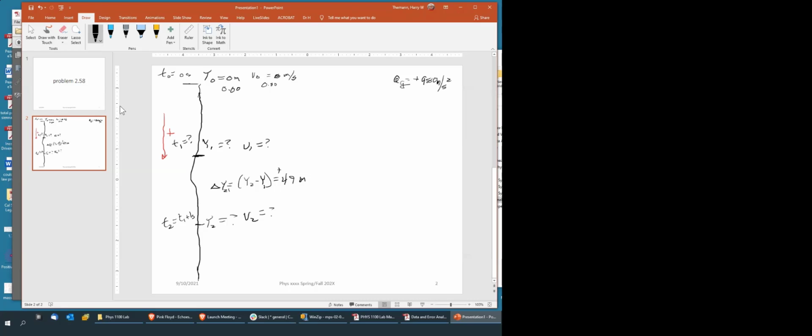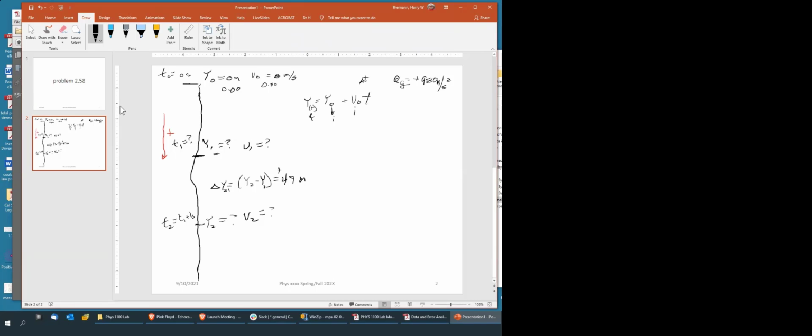So for discussing this interval, remember we have this equation: y at some time equals y sub 0, the initial position, plus v sub 0, the initial velocity, times some time, which remember is a delta t.